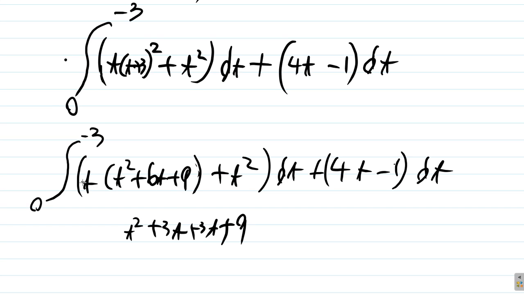Alright. When you multiply out the bracket now, what's going to happen? You're going to have t times t squared, which is t cubed, and t by 6t, that's going to be 6t squared, right? And then 9 times t is 9t.